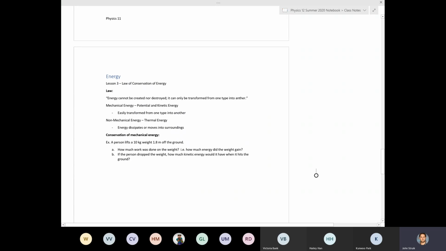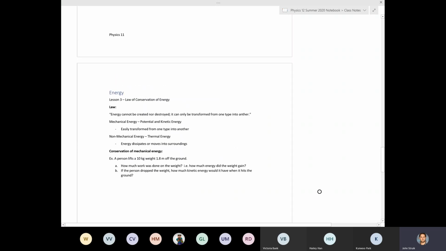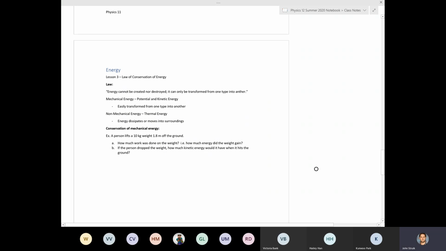You know what, we have time. We're not in a rush. I'm assuming you didn't get very far on the other worksheet, so let's stop there for now, and we'll do the law of conservation of energy tomorrow. I'll probably have some sort of assignment for energy.